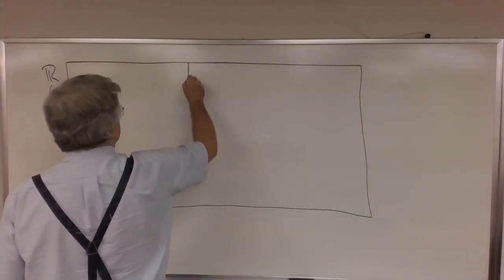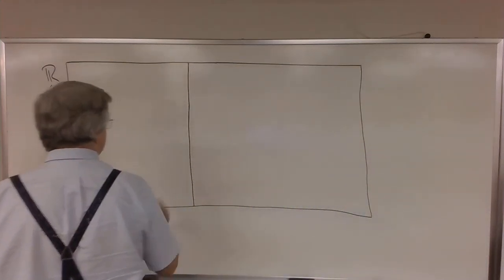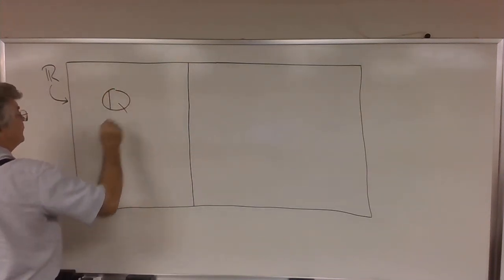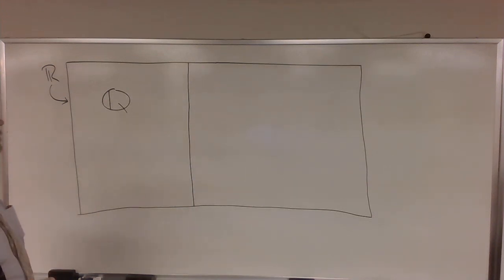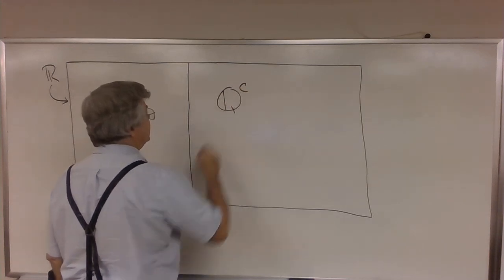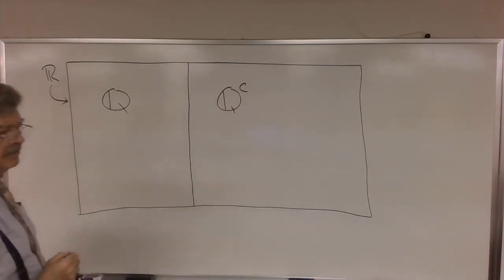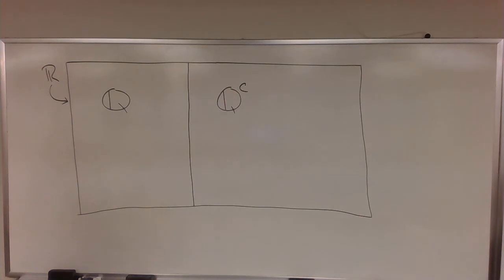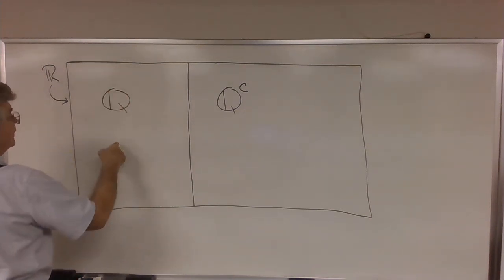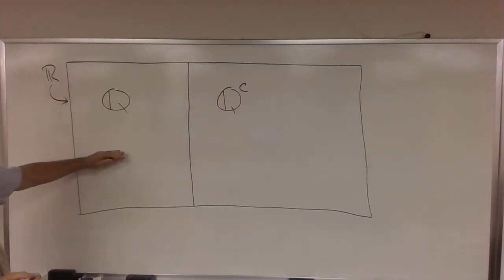So we have on one side the rationals, and on the other side we have the irrationals. So this whole rectangle on the left is the set of rational numbers.